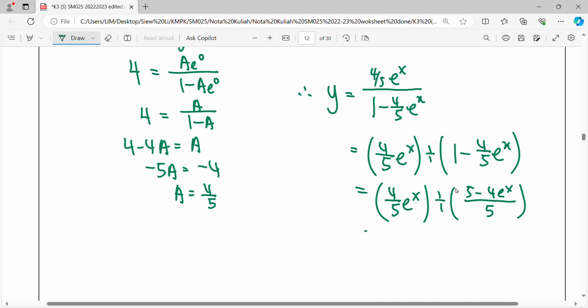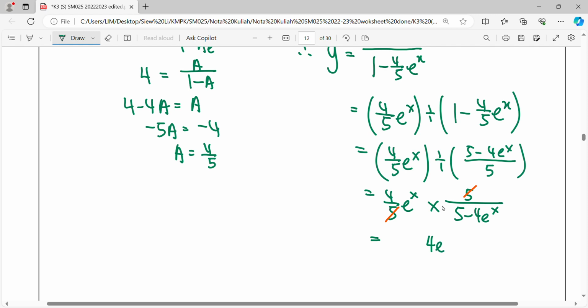When we divide, we multiply and invert it. Then 5 over 5 multiply. Lastly, we get y equals 4e^x over 5 minus 4e^x.